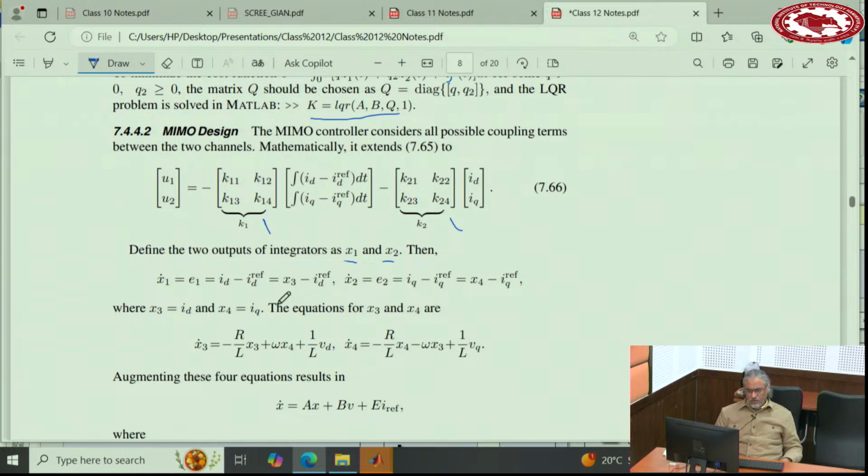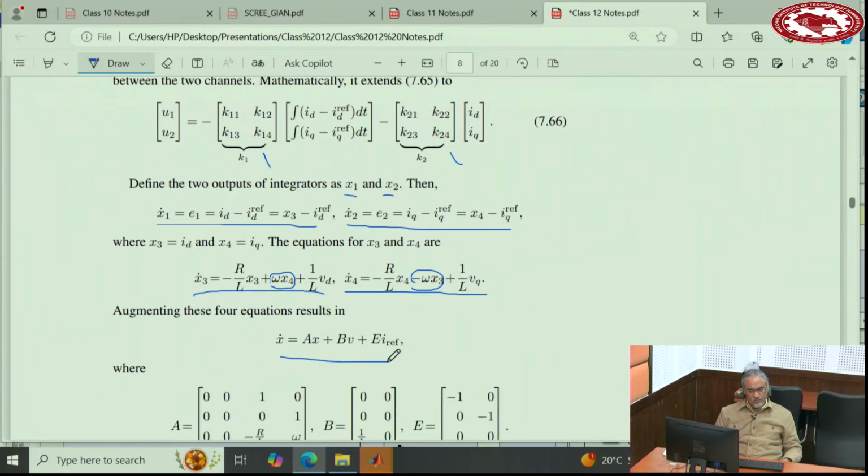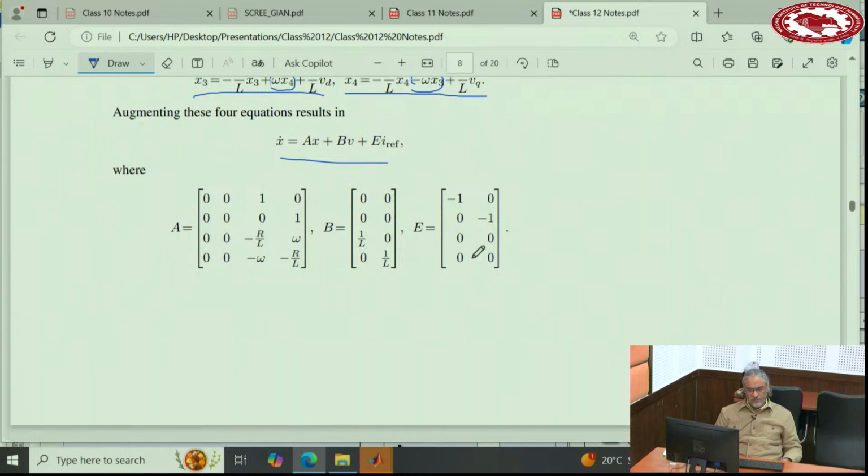And now we have, this is the equation for the first state variable. This is the equation for the second state variable. This is the equation for the third state variable, which has coupling with the fourth equation. And this is the equation for the fourth state variable, which has coupling with the third one. Write it down in this standard form, A, B, E. This you can consider as some component that we will remove after applying the transformation.